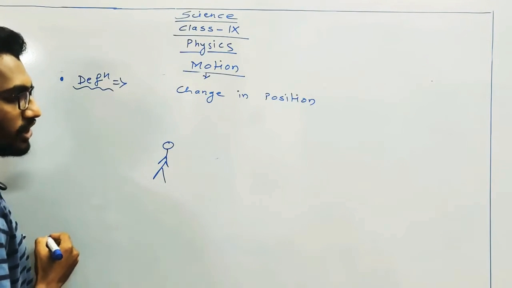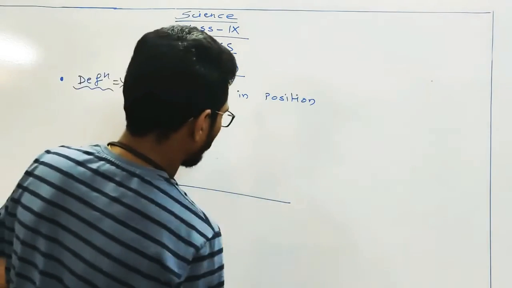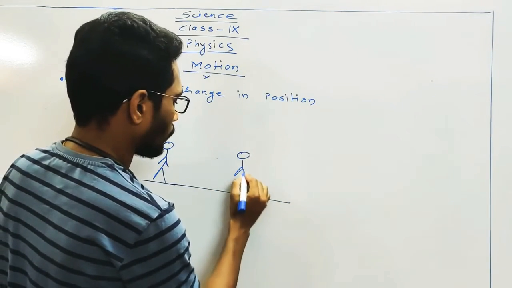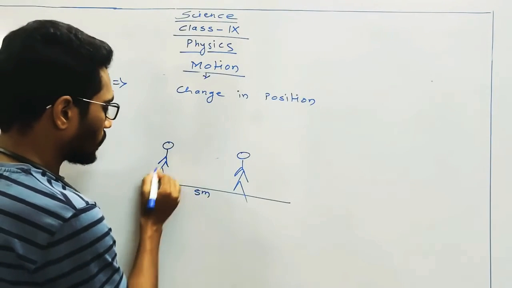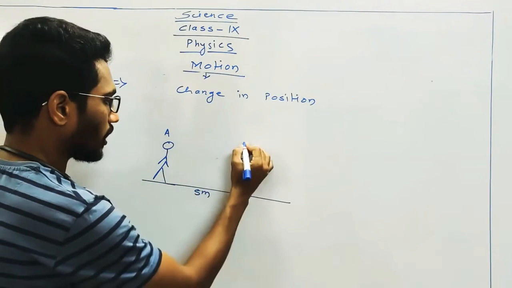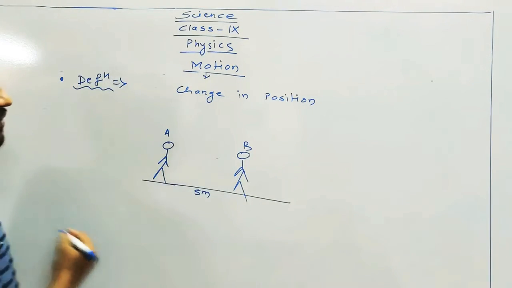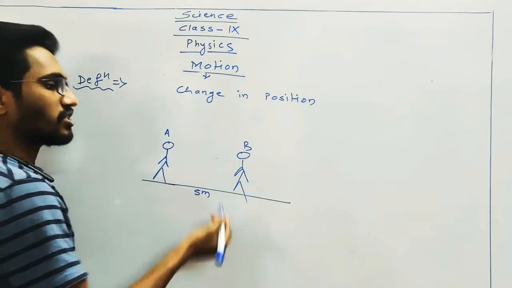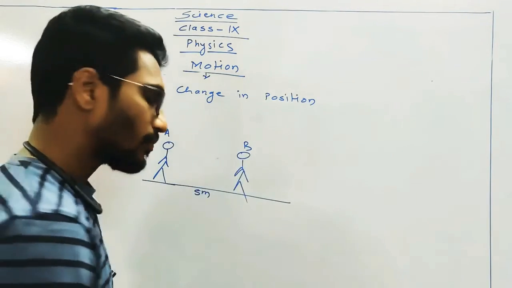this particular object or this particular person is person A and person B. Person A is 5 meters away from person B, or we can say person B is 5 meters away from person A. Okay.